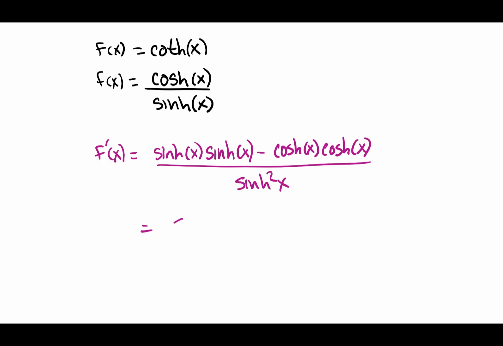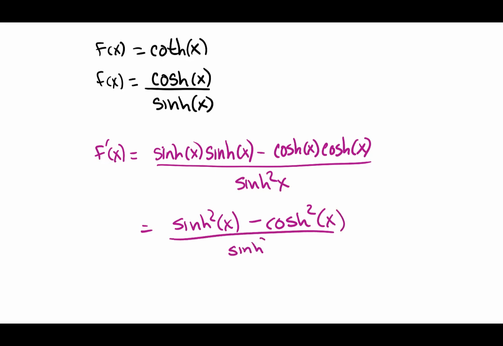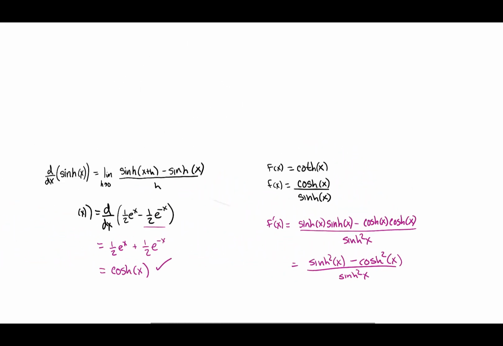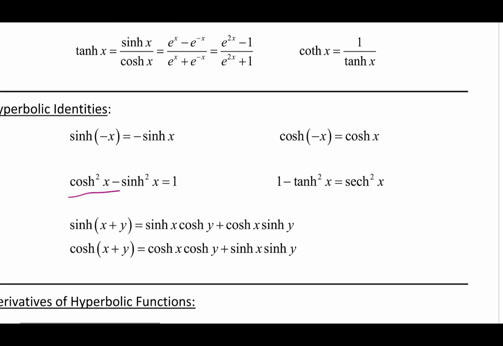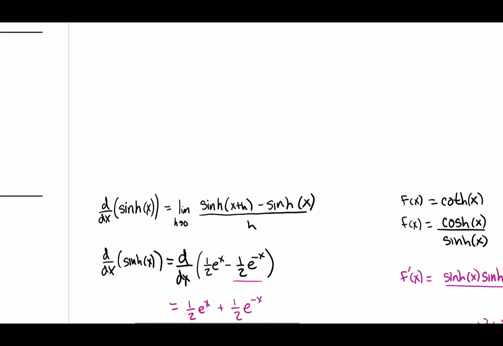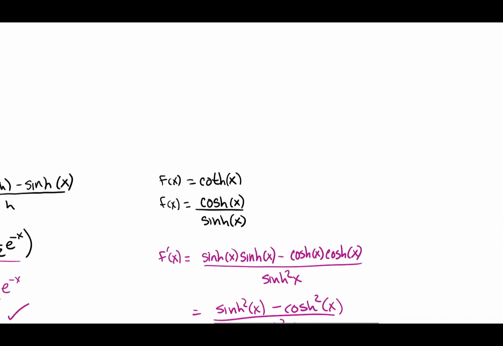So it looks like we have sine hyperbolic squared of x minus cosine hyperbolic squared of x all over sine hyperbolic squared of x. But we're trying to use our new identities here. We don't have one for sine squared minus cosine squared, but we do have cosine squared minus sine squared, hyperbolic of course. So why don't we factor out a negative and see what we get?